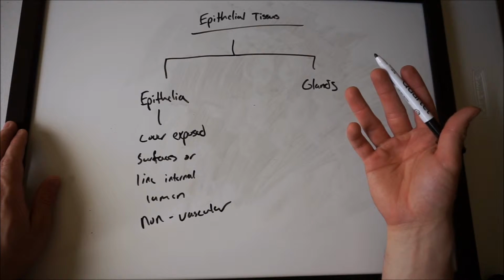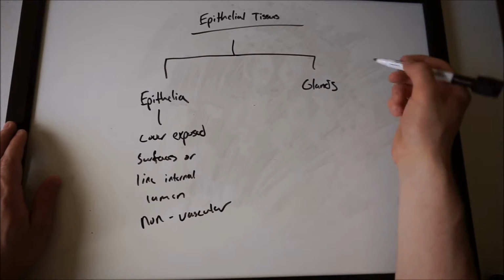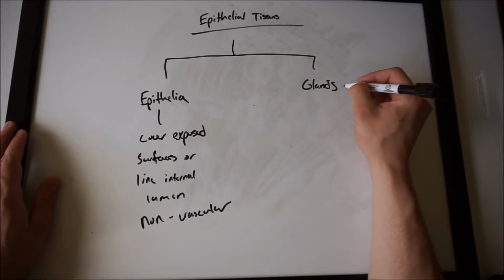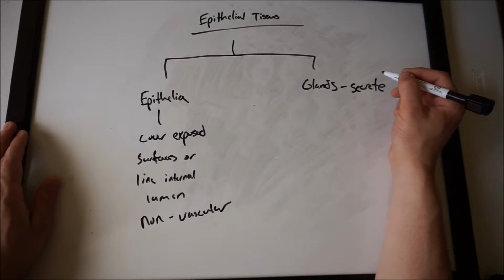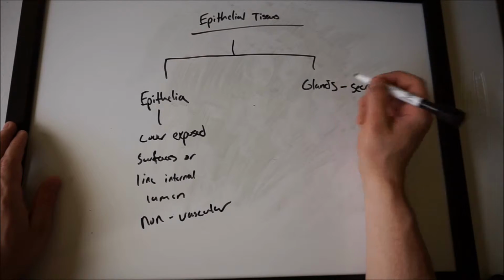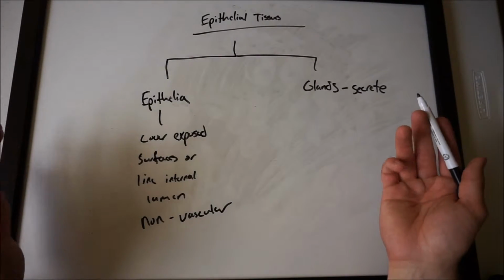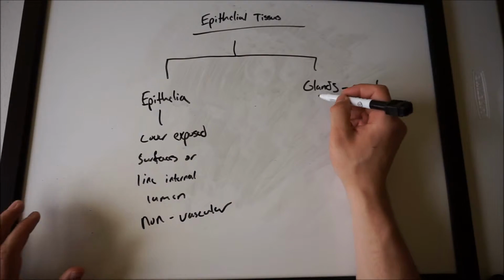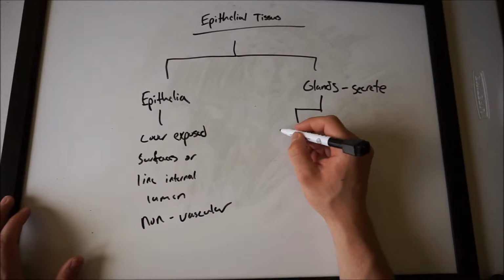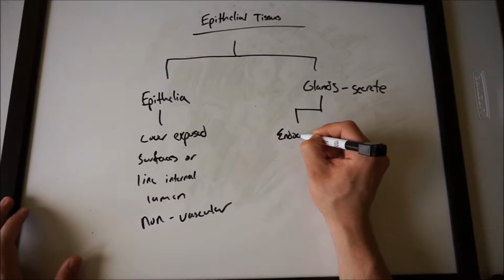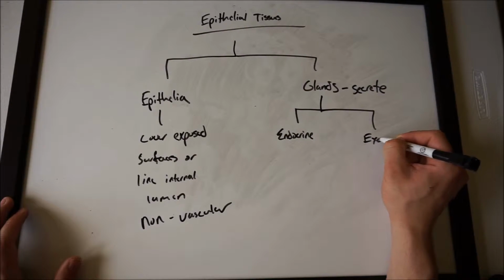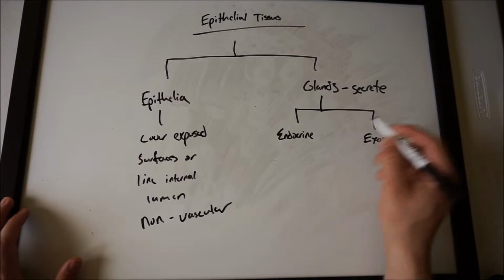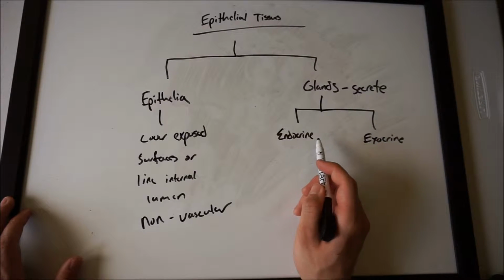Glands, on the other hand, are exactly what many people think of them. They secrete substances. This could be hormones, hormone precursors, but they could also be broken down into endocrine and exocrine. The base of the words pretty much tells you what these do.